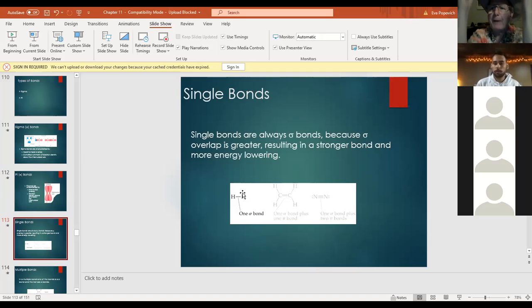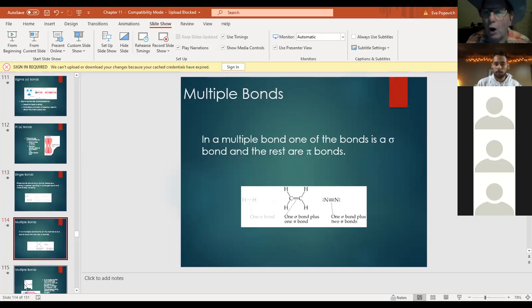So you can't have a pi bond without a sigma bond. If we're involving multiple bonds, the first bond is going to be the sigma bond. All the rest are going to be pi bonds.